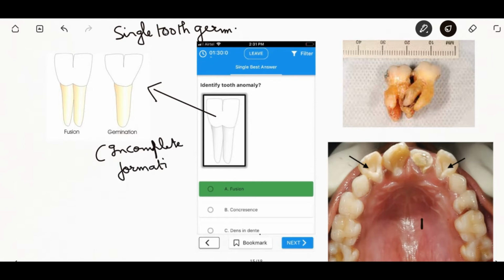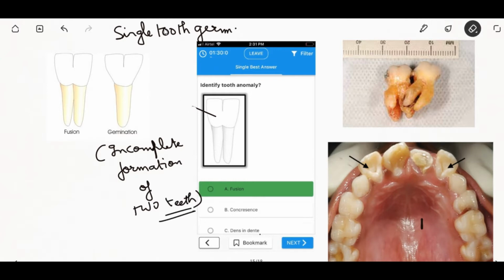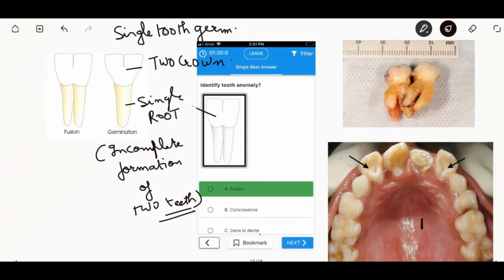So these crowns have been separated, whereas the root is single. So the structure here that could be seen is one or two completely or incompletely separated crowns that have a single root and root canal.